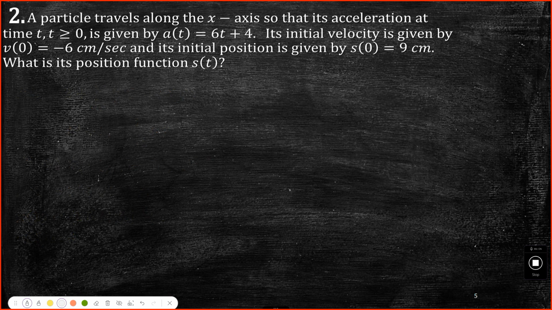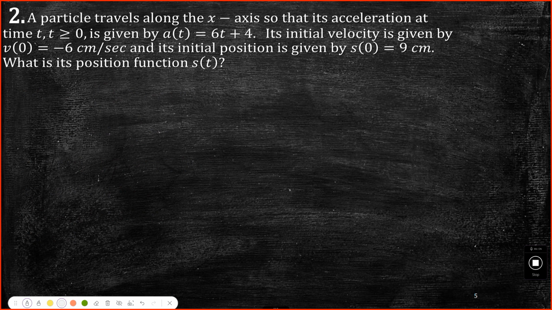All right, let's go to number 2. A particle travels along the x-axis so that its acceleration at time t greater than or equal to 0 is given by that.